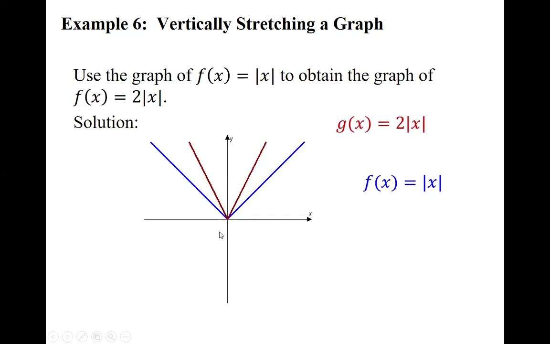So for instance, 1, 1 on the original graph becomes 1, 2 on the new graph. 2, 2 on the old graph becomes, sorry, 2, 4. All of our y coordinates are multiplied by 2, giving us that stretching effect.